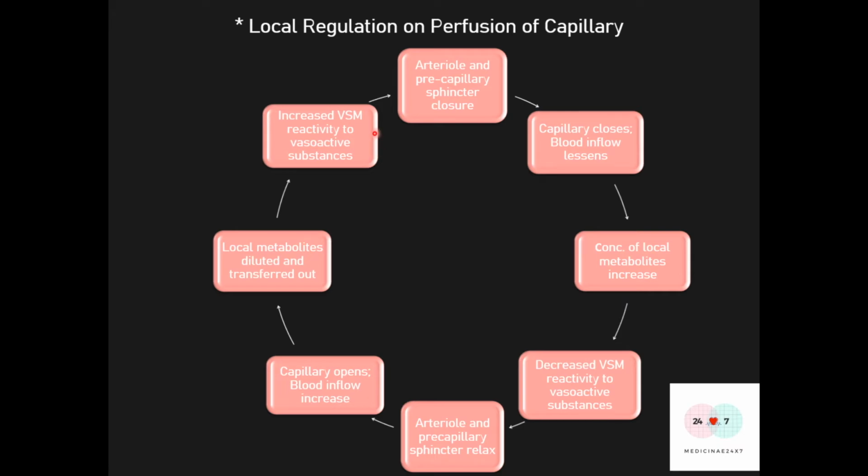Increased vascular smooth muscle reactivity leads to arteriole and precapillary sphincter closure, and the closure of the sphincter leads to decreased blood flow. This is the basic regulatory pathway of microcirculatory perfusion.